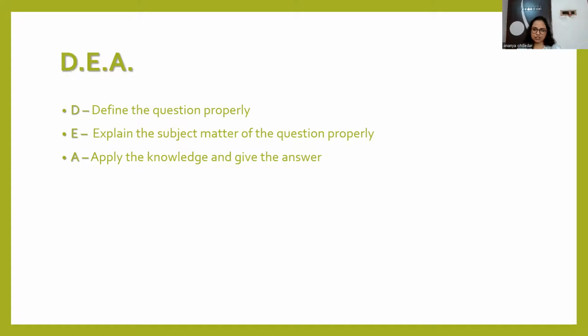But there are some critical questions in UGC-NET, right? In those questions, you will find that after defining the question properly and explaining the subject matter properly, when you go to the apply stage, you may find that the options create confusion in your mind. Which option will be right? Maybe you are tossing between two options. What to do then?